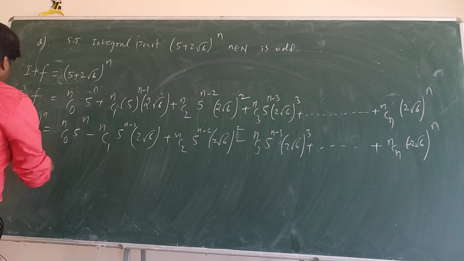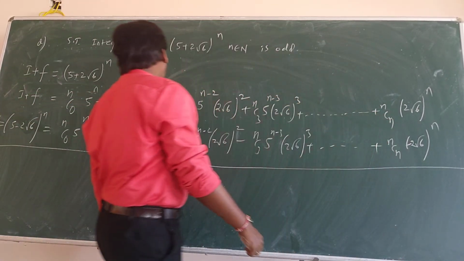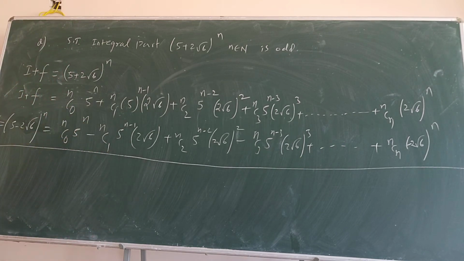Finally, what we are going to get here, you have to check every time. Don't think that you have to do addition only; sometimes you get subtraction also, it depends on the question. Here addition is working, but sometimes subtraction will work.